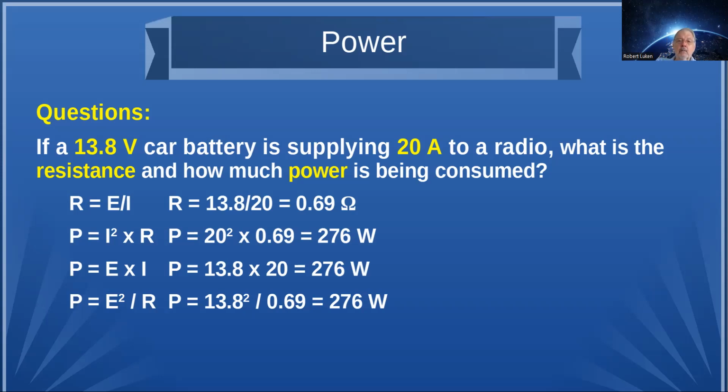The reason I picked those numbers, that's a typical power input that you're going to see on a 100-watt radio transmitter. If it's putting out 100 watts, it's going to be drawing in the neighborhood of 276 watts from the power supply.